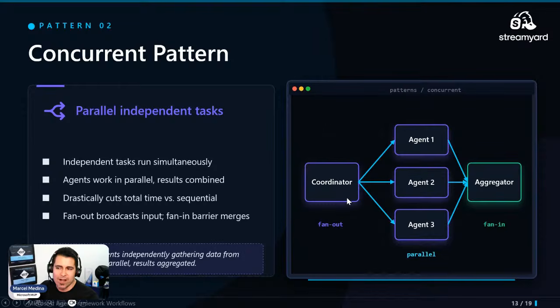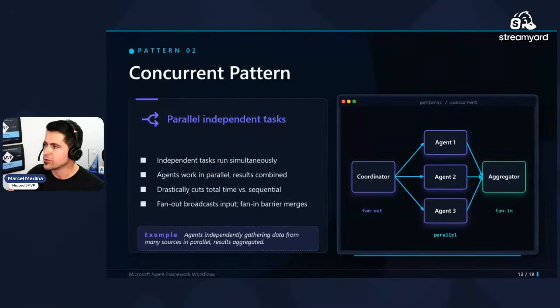What happens is that before you can split the processes, the pattern introduces this coordinator. The coordinator is kind of a manager that splits the executions against the different agents. And then you have this aggregator. It's interesting that that's the fan out, fan in implementation.